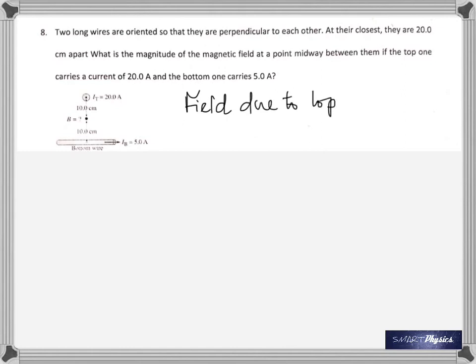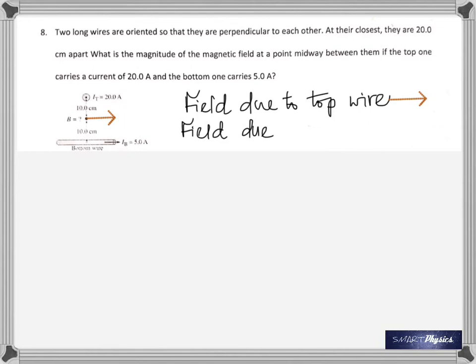Okay, so first, the field due to the top wire will be towards the right. That's what has come up now. That's when you use the right hand rule, and you hold it with the thumb pointing in the direction of the current, which will be towards you.